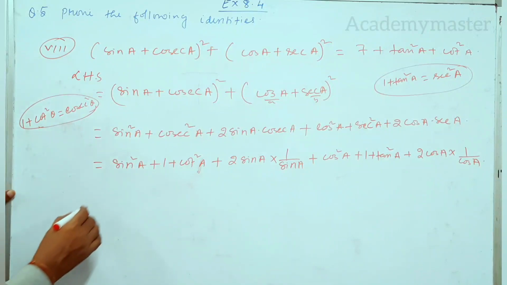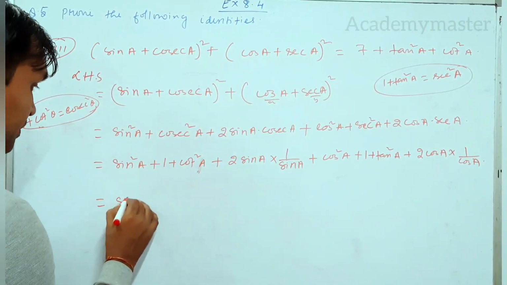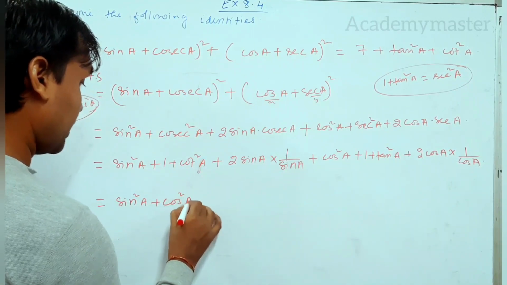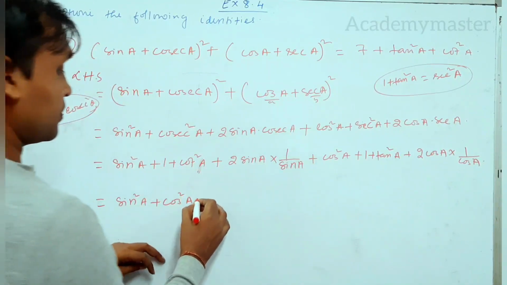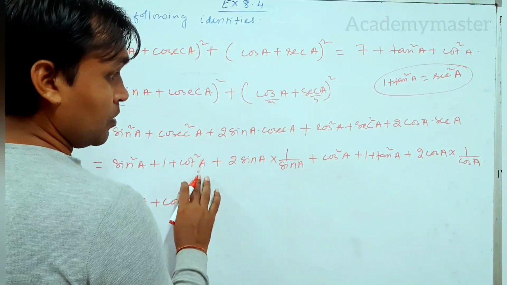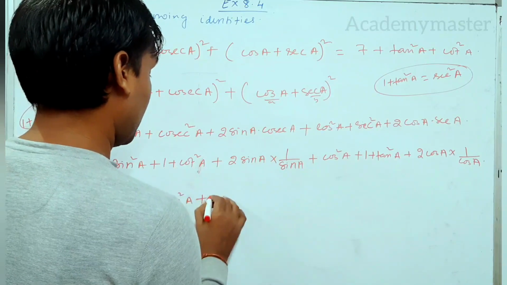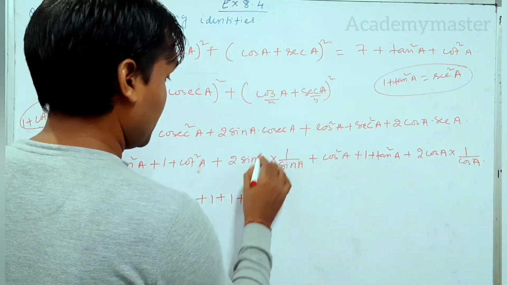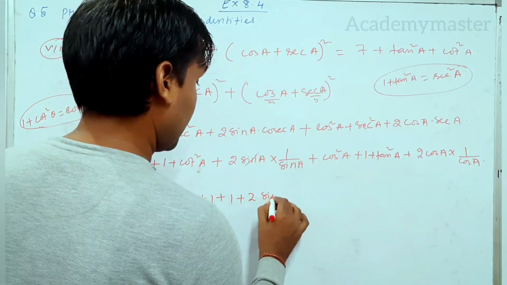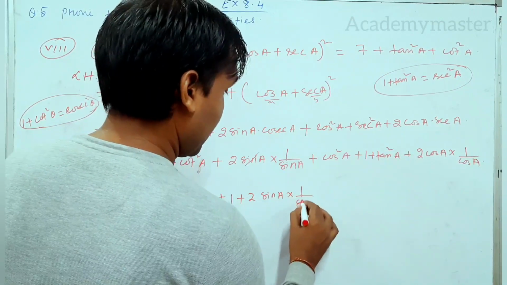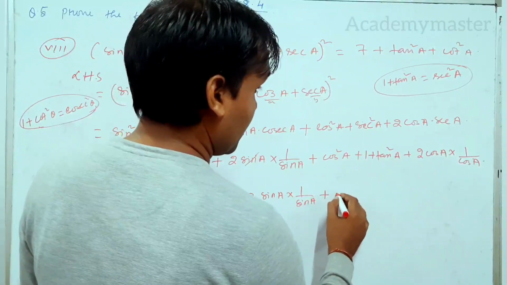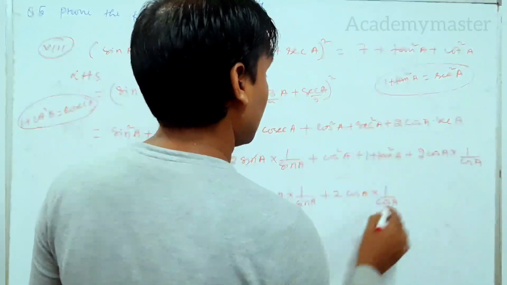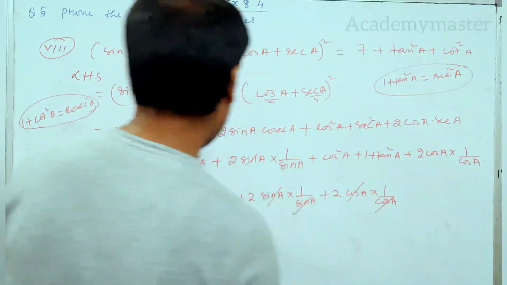Okay, fine. In the next step, we write sin square A and cos square A together, which gives 1, and then here also 1. Then 2 sin A into 1 by sin A plus 2 cos A into 1 by cos A. You can cancel these.